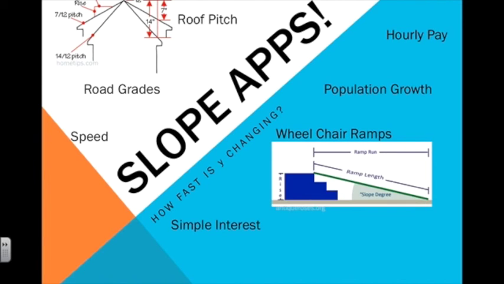In other words, anytime something is growing at a constant rate, whether it's the height of your roof, the altitude of your road, the distance that you've traveled in a car, the money that's earning interest, or the height of your ramp, or the size of a population, or the amount of money that you've made, you can think of that in terms of slope.